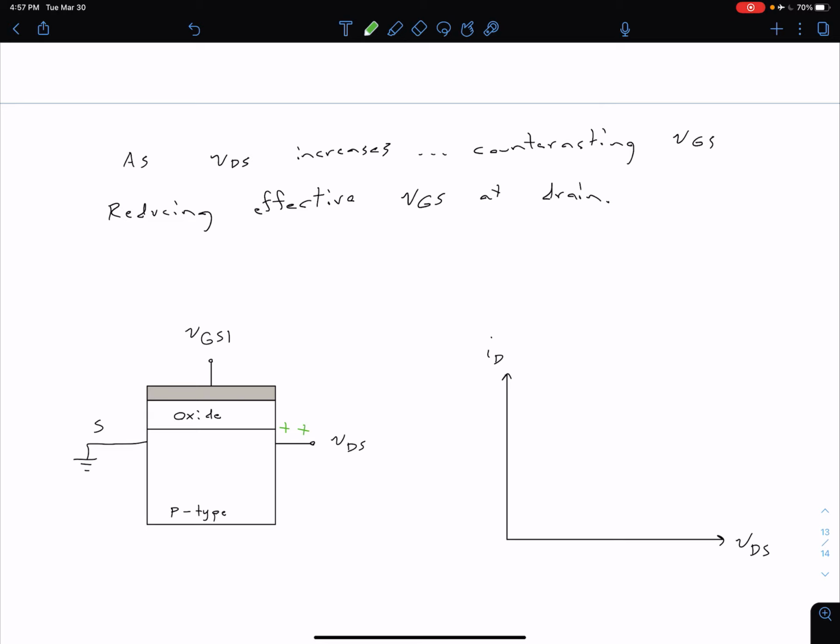Now if we have an inversion width over here that's something like this, it decreases to something like this as we move toward our drain. So we get narrower as we increase VDS. If we think of a pure conductor acting as a resistor, as the area that current flows through gets smaller, for the same voltage we have less current.